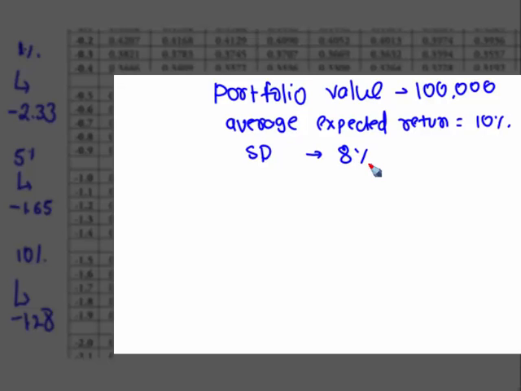So on average, expected return is 10, standard deviation 8. This is again, let us say, monthly data. So we are calculating a monthly VAR again. Now you have been asked to calculate a 5% monthly VAR. So how do you do it?